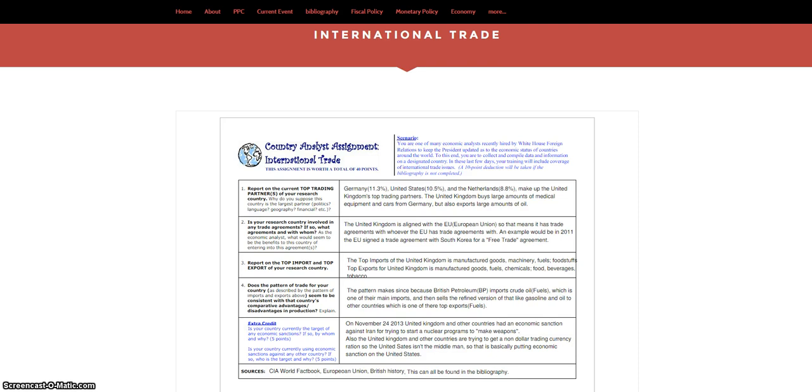I'm not surprised about their imports just because they have British Petroleum, so they do need to export a lot of fuel, and they need to import a lot of fuel in the form of crude oil. So I'm not surprised there.